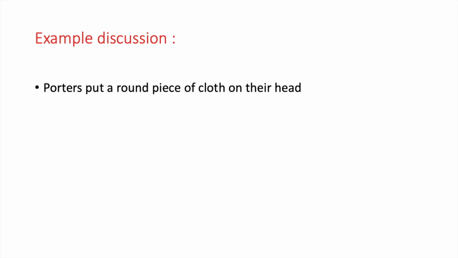Our next example is, why is it easier to hammer a nail by its pointed end than its head? If we have the surface like this, we have our nail here with the pointed end and we have a nail here with its head at the surface.